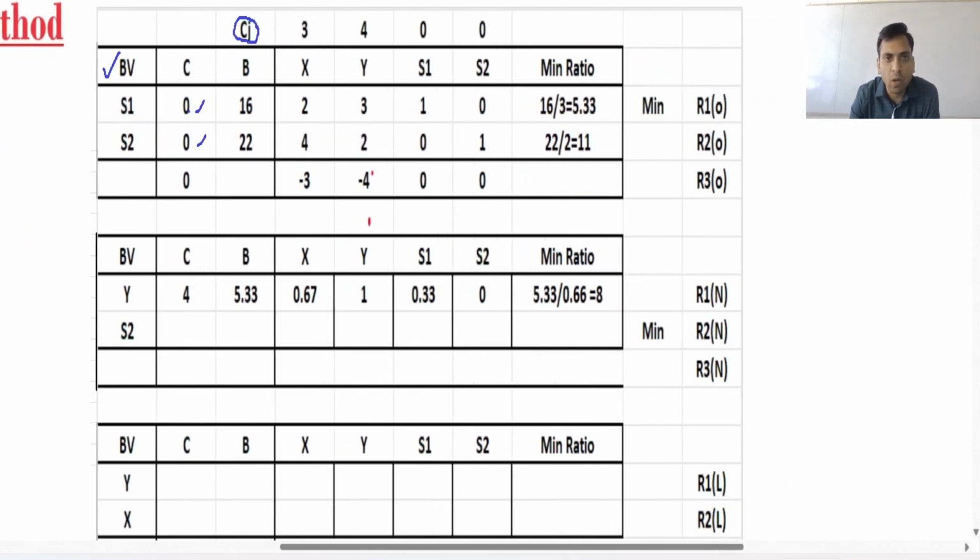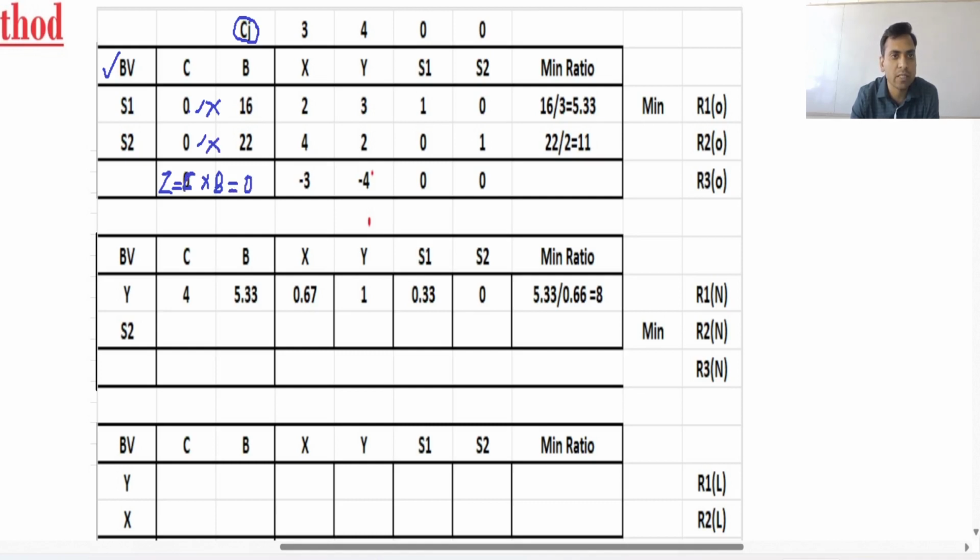So we have this block, and now in this block this value is considered as z, and z equals c into b. Here c is 0 into 16 plus 0 into 22. So this sum of products is 0.